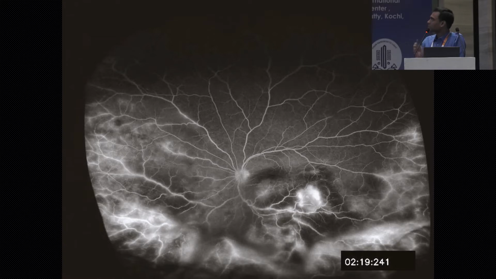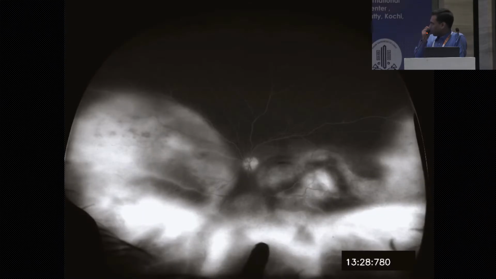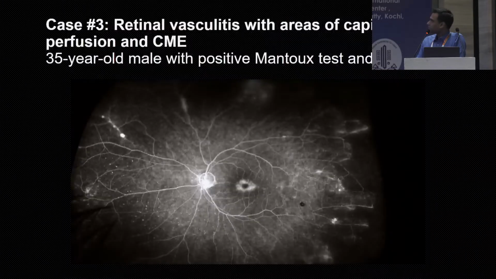We can see the presence of peripheral vasculitis, and there is a RAP lesion present at the macula. These findings are very, very important, and they help us manage the patient in a better way.